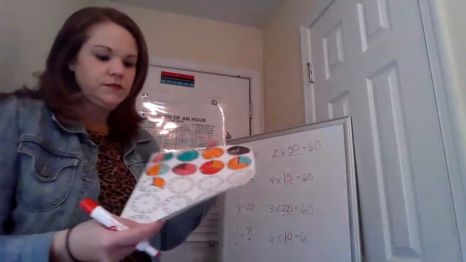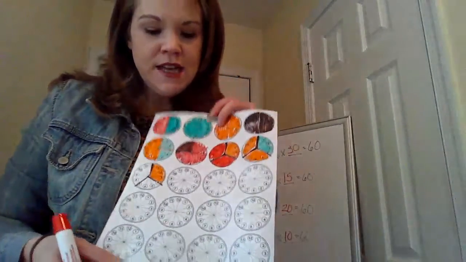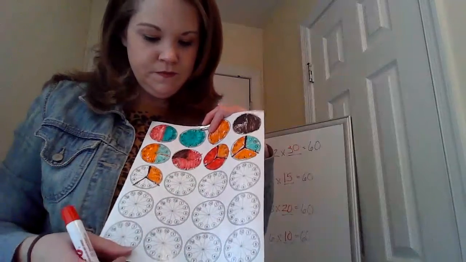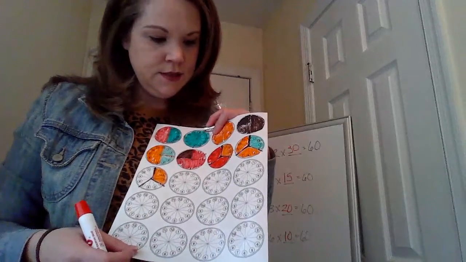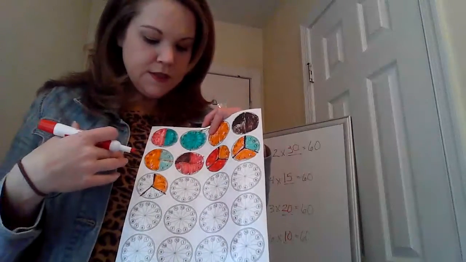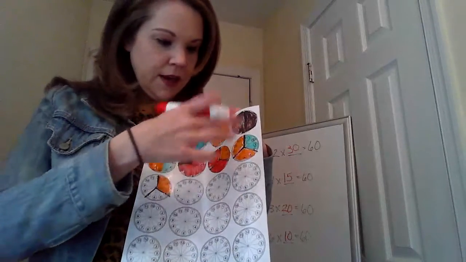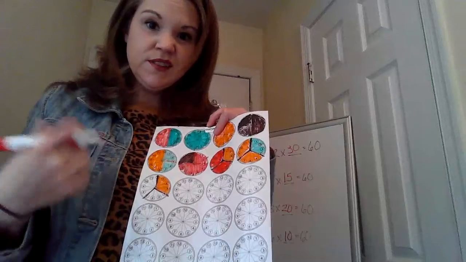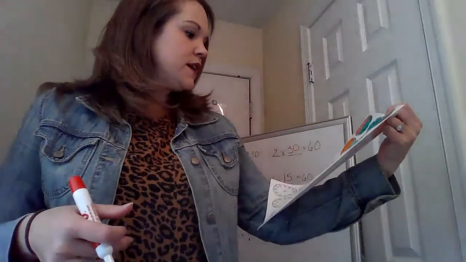So I'm going to take my clock, and I'm going to start over here because I don't want to confuse my halves, my quarters, and my thirds, because that can be tricky sometimes.